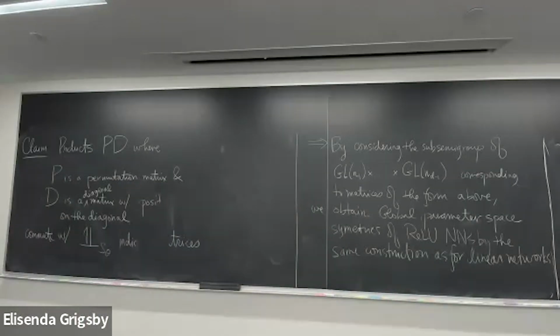In fact, I'm probably going to get in trouble for saying this, but I don't actually know of a proof in the literature that this is the full global parameter space symmetry group, or results about transitivity, for example.